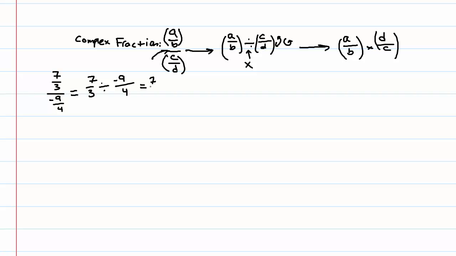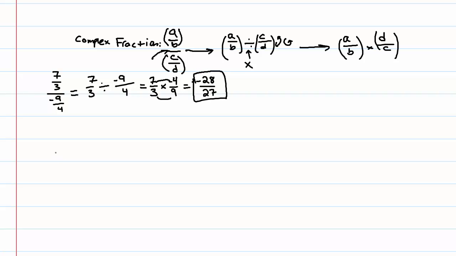And our second step is to keep, switch, flip. We can bring the negative sign to either number, just making sure to keep it out. Now we want to simplify by multiplying across the top and the bottom. We'll get negative 28 over 27. And that's as much as we can do.